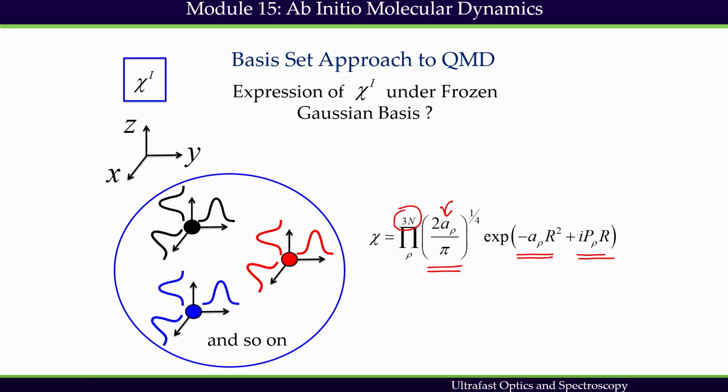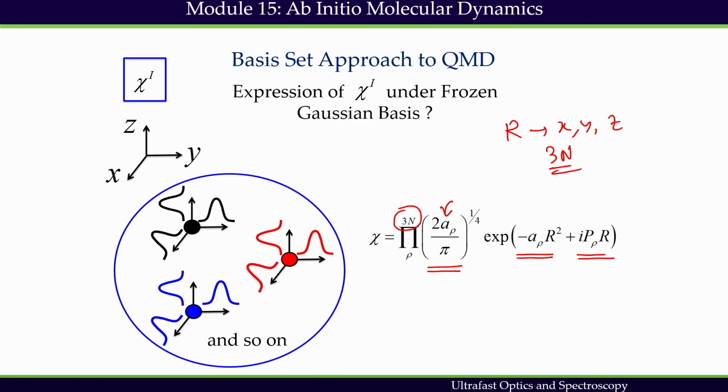Here we have changed the variable from x to r, representing either x, y or z component. So how many such r do we have? We have 3n number of such r, and r is representing the general variable along this particular direction.